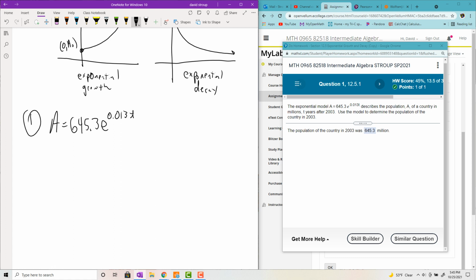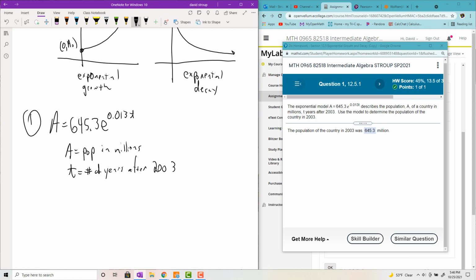This describes the population A of a country in millions, where t is the number of years after 2003.